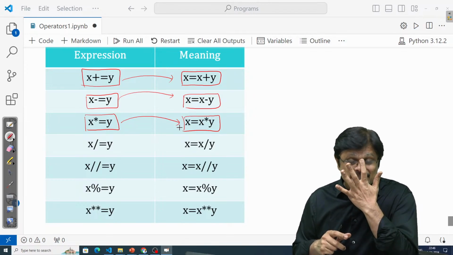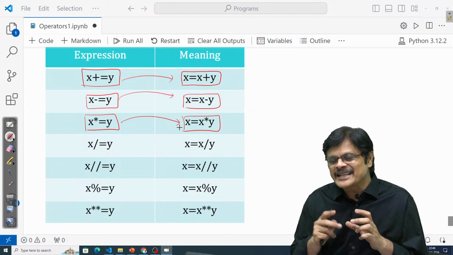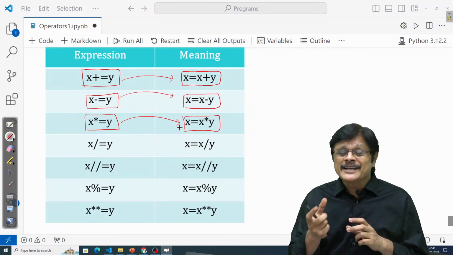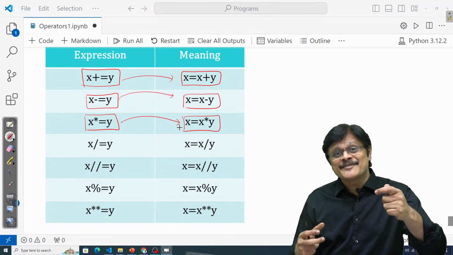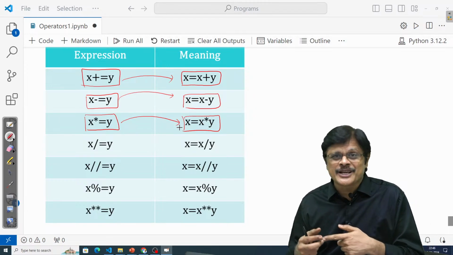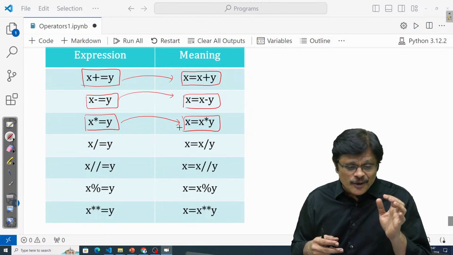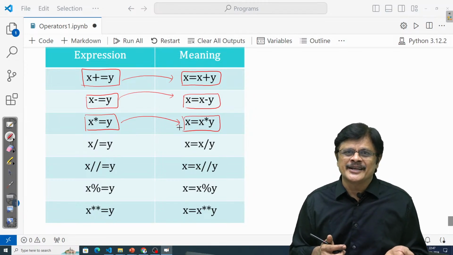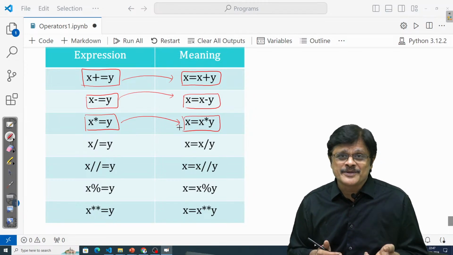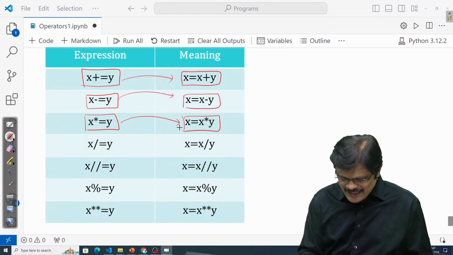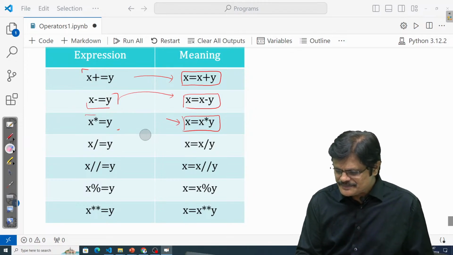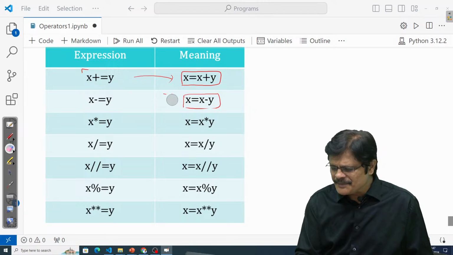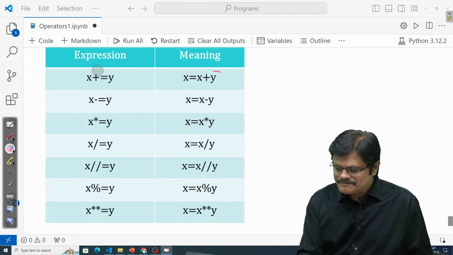But please note this point, my dear friend. Here you are updating the value of x, but a new object is created and x will point to or reference a new object here, because these integers, floats, all these fellows are immutable objects. So here what actually happens, let us try to understand with a diagram.